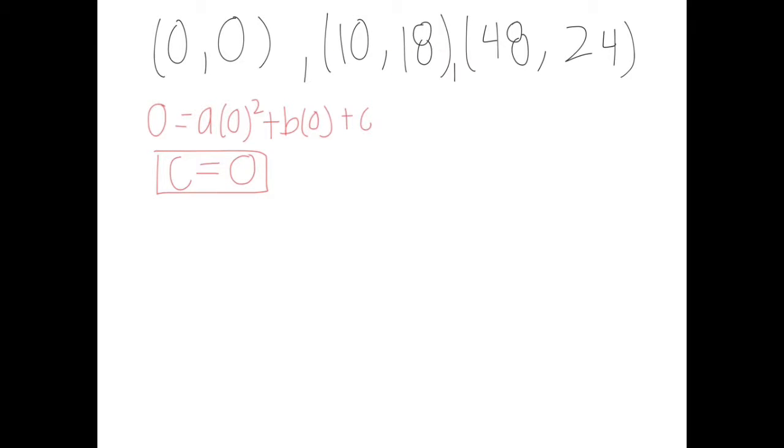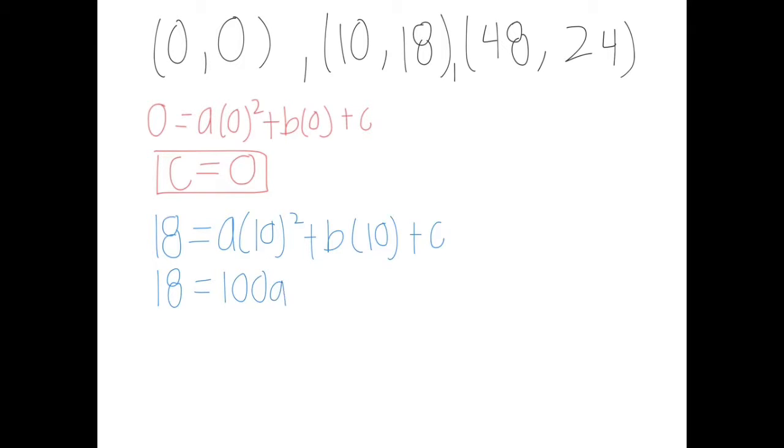Now, with the next one, 18 equals a times 10 squared plus 10b, or b times 10, plus c. That simplifies to 18 equals 100a plus 10b plus c.